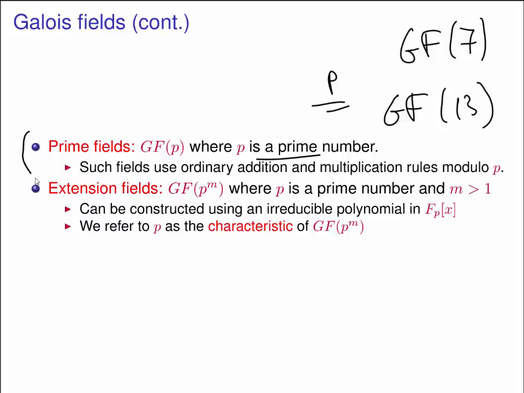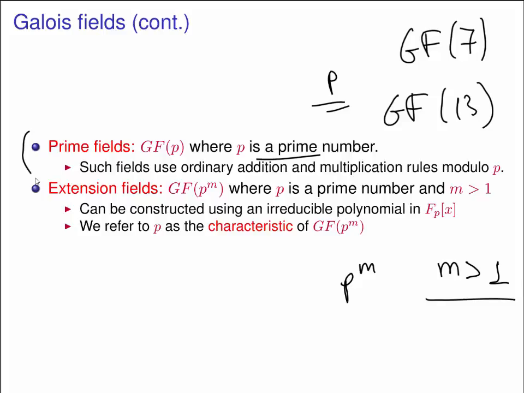In addition, we can construct extension fields. Extension fields will have a number of elements which is a power of a prime, p to the m, where p is a prime and m is strictly greater than 1. Those fields can be constructed using the notion of a reducible polynomial.